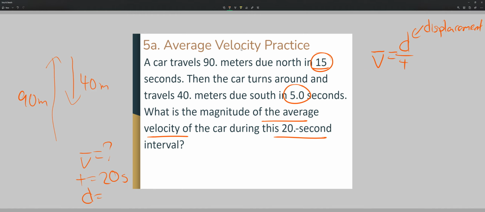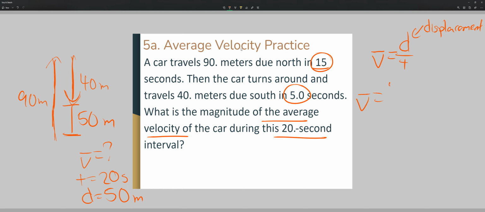I first traveled 90 meters north, then 40 meters south. Well, how far am I from where I started? Because that's the definition of displacement, how far you are from where you started. Well, I am 50 meters from where I started, and so my displacement here is 50 meters.